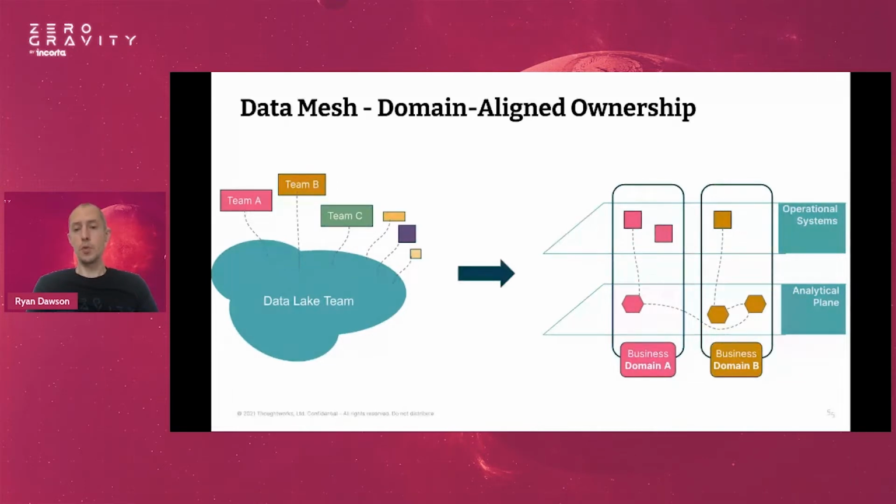The big problem with the monolithic architectures is they don't scale well at the people level. Centralization either creates bottlenecks or creates too much distance from the data to be able to really get full value from it. Data mesh offers a way to scale both the technical data ecosystem and the people that create that ecosystem.